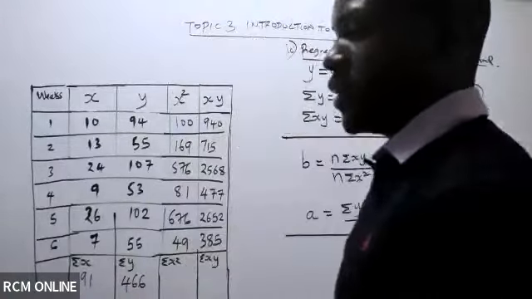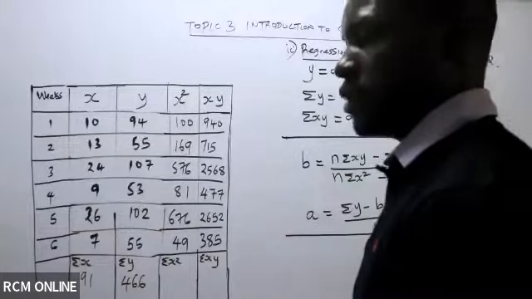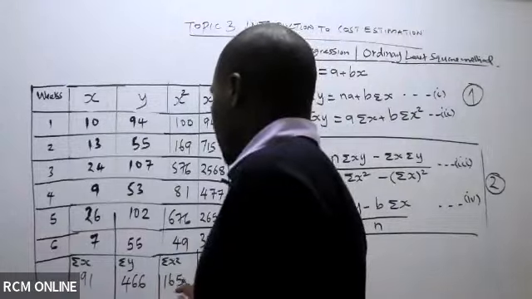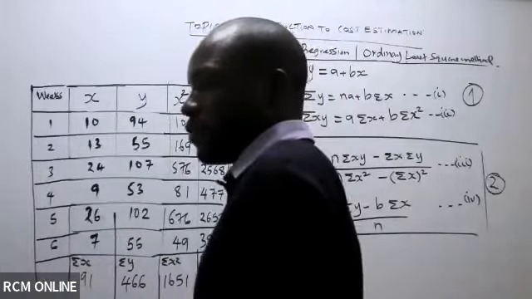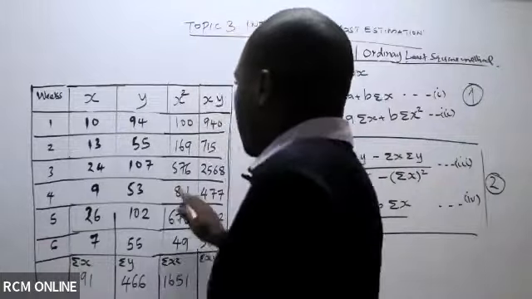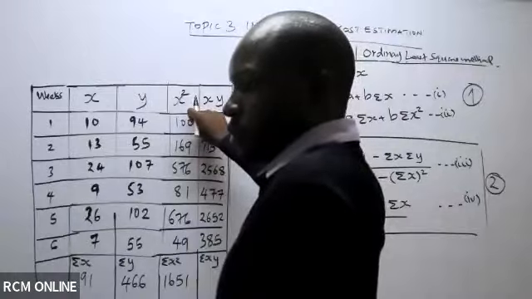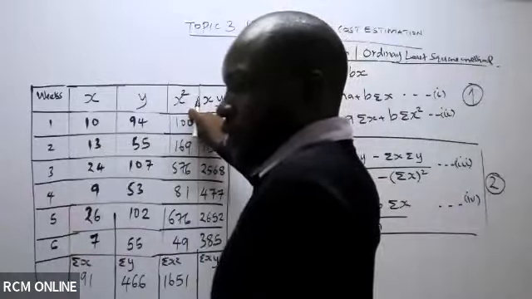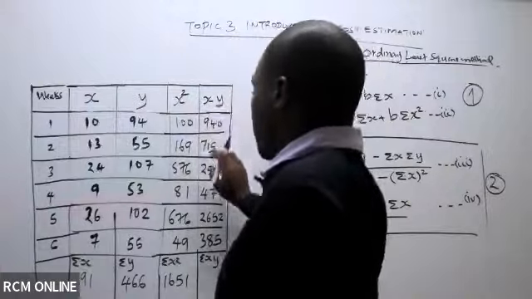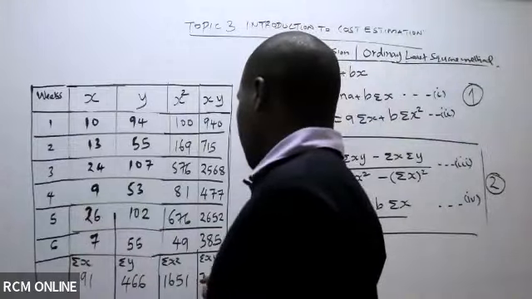X squared, 1651. Someone to confirm? 1651, is that the total? X squared, 1651, good. How about xy? 7737.